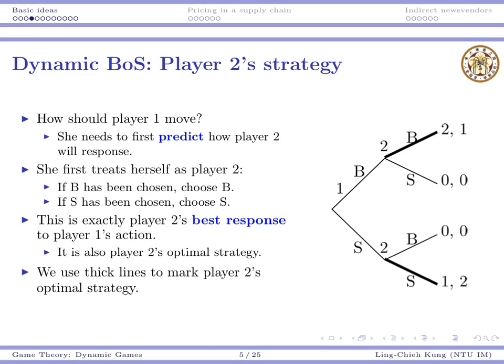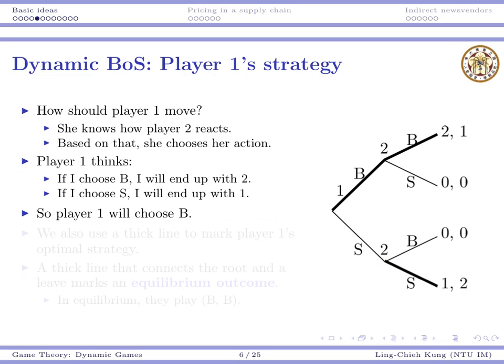This is how player 2 should respond to player 1's decision. This is player 2's best response, or we can say it's player 2's optimal strategy. With that, we can highlight player 2's strategy by using these thick lines.